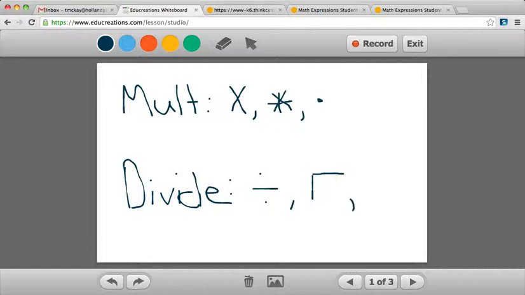We use a fraction, which represents division. Or we can write it as 3 divided by 4. Okay, so these are the four ways that we've talked about division and the three ways that we've talked about multiplication. Hopefully this is just a review.